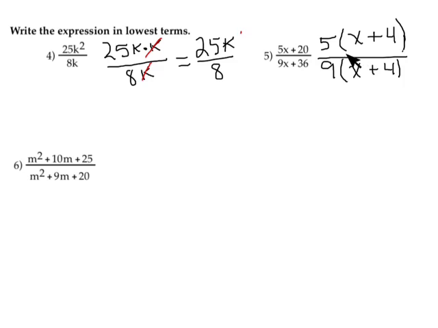Now I want you to notice something. I've got 5 times x plus 4, and in the denominator 9 times x plus 4. These two things are exactly the same. Because we are multiplying, I can line out my two identical factors. I have one on top and one on bottom.